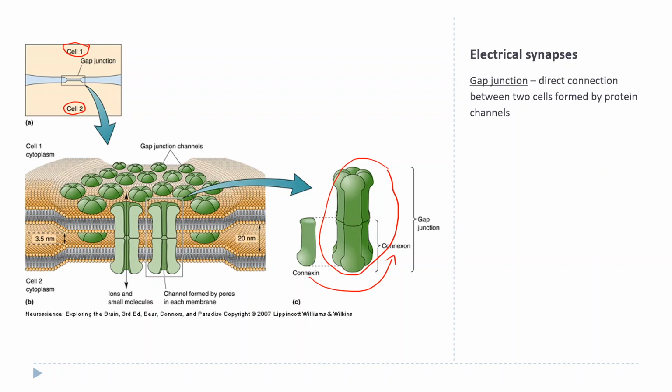And what's important is that each connexon is this sort of barrel-shaped channel, and the channel is connected from one side of the gap junction to another. So what that means is that stuff, water, and actually pretty much anything can go through these channels from one cell to the other.